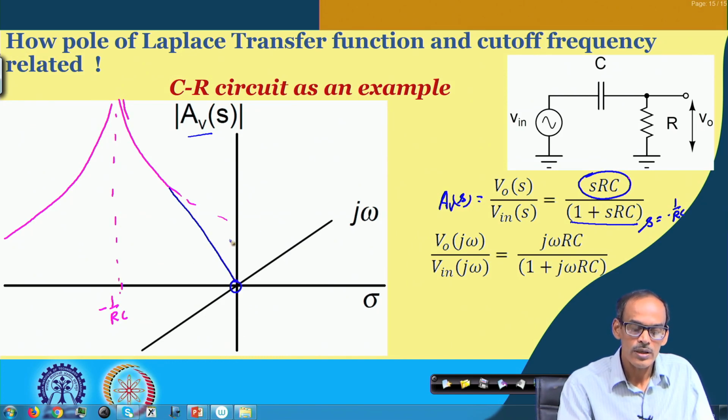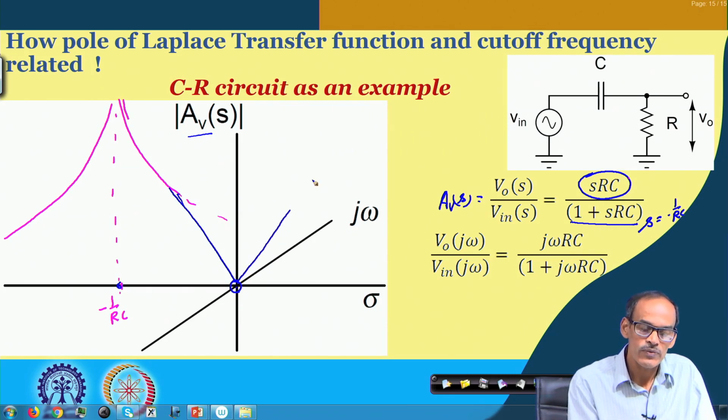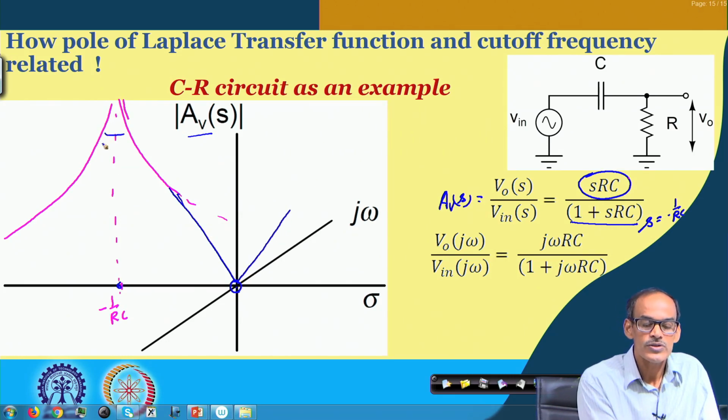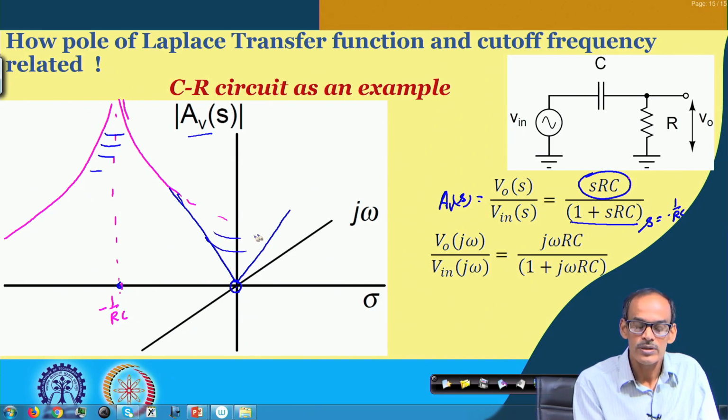And if you see the impact of this pole and 0 combination, that gives us a nice surface here. So, this part is going to infinite, on the other hand this part is going to be 0. And if we travel along this sigma axis, we can see this infinite and 0.